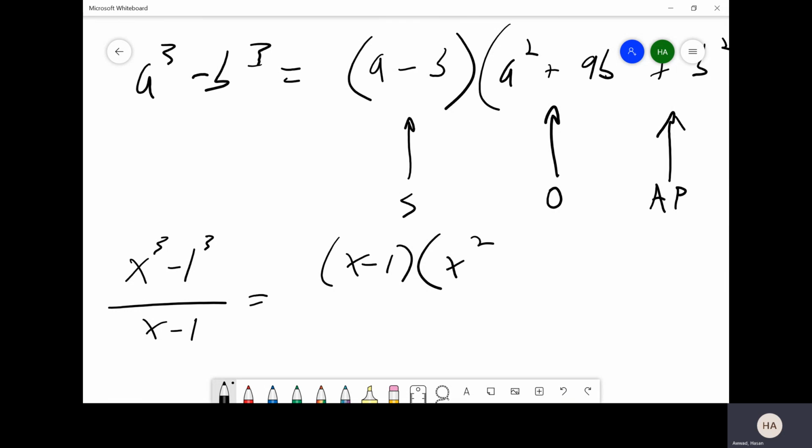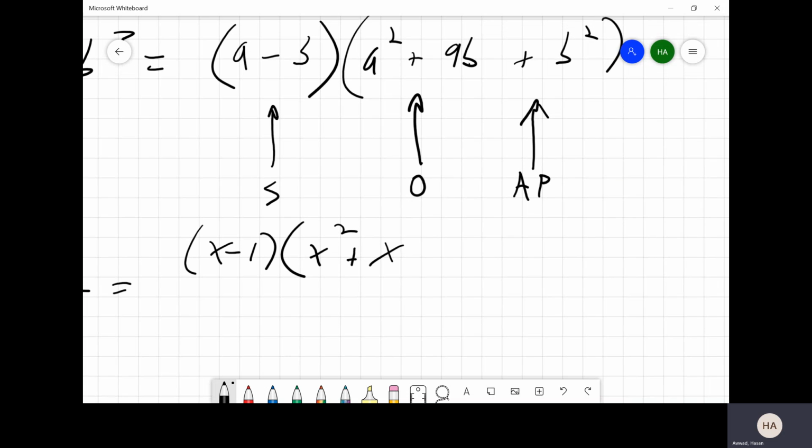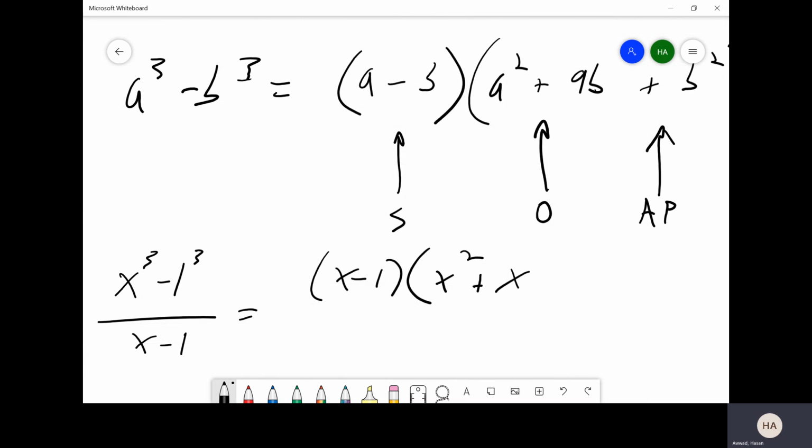We had the same sign, now it's opposite sign, so plus. Then we have a times b, so x times 1, which is just x. And then, last but not least, we have b squared, which is 1 squared, which is just 1. And this is all over x minus 1.